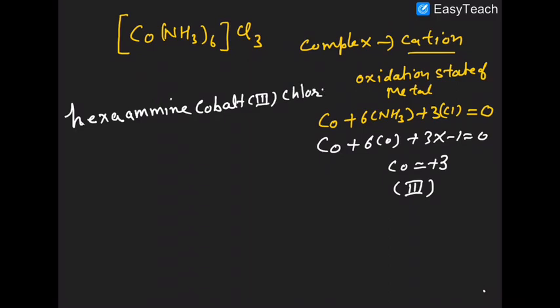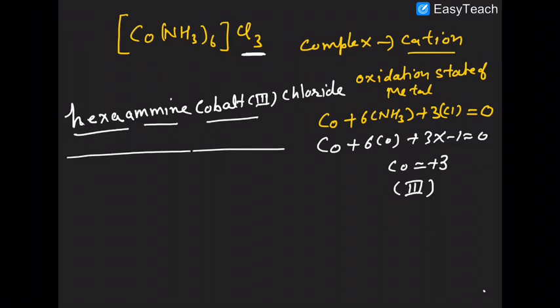Don't write trichloride. If it is outside the coordination sphere, then whether it is present 2 times or 3 times or 4 times, you will write it only once. If it is present inside the coordination sphere, then you will write di, tri, penta like that. If it is outside, you will write only once. So the name is hexaamine cobalt 3 chloride. Okay, sure.